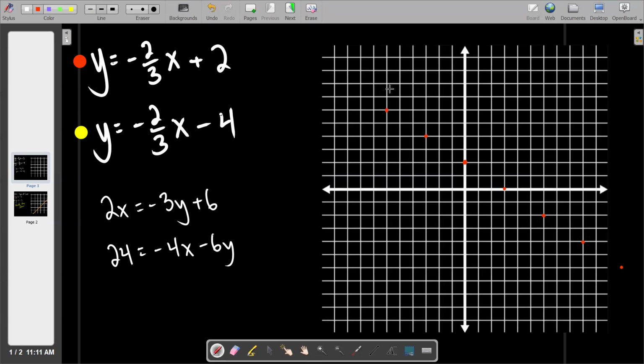Just make sure it goes downhill. And then the yellow line, where would I start my yellow journey at? We go down 4. Good. Same slope, right? Different intercept.